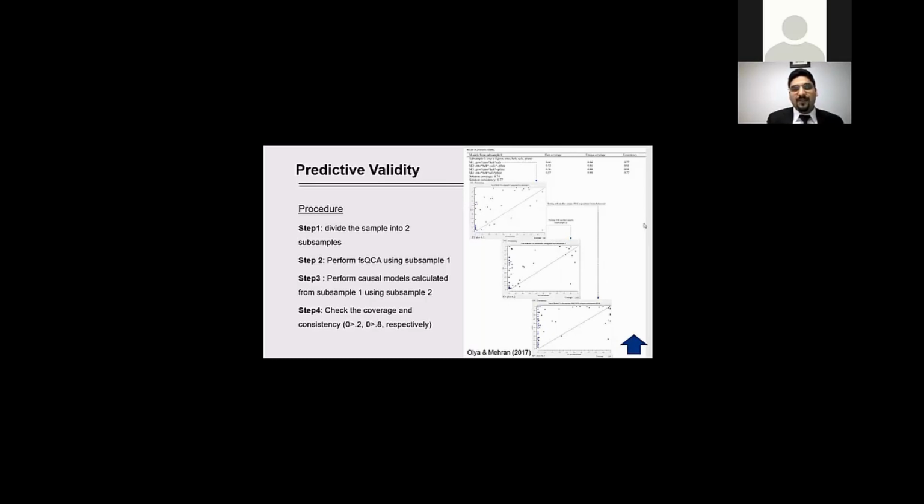What does predictive validity mean? Predictive validity shows that this configural model helps us to model future data. It means that if we use another sample, or future data, we would get the same result.